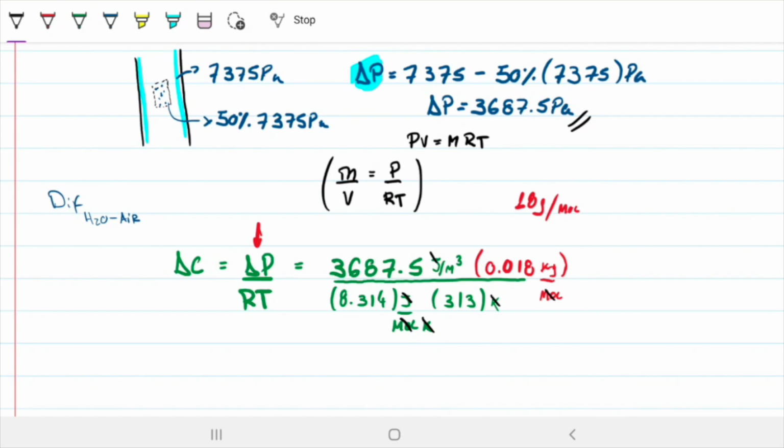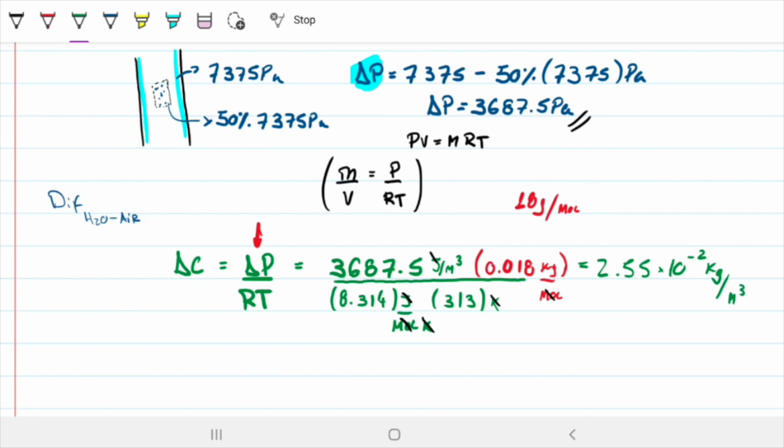Moles of water and moles of water down here. Okay, so we will get that this delta C equals 2.55 times 10 to the minus 2, and that is kilograms per meters cubed of water.